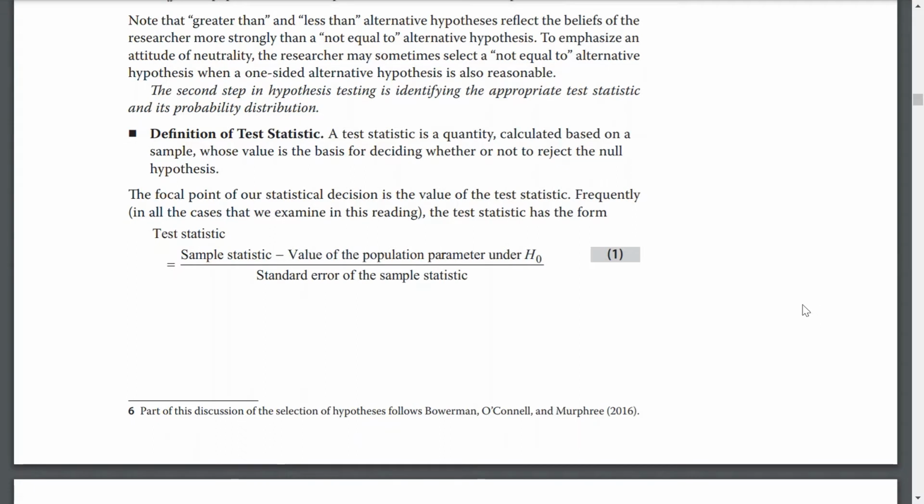Frequently, in all the cases that we examine in this reading, the test statistic has this form: test statistic equals the sample statistic minus the value of the population parameter under the null hypothesis, all divided by the standard error of the sample statistic.